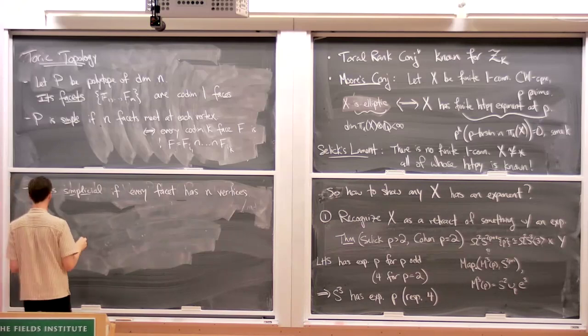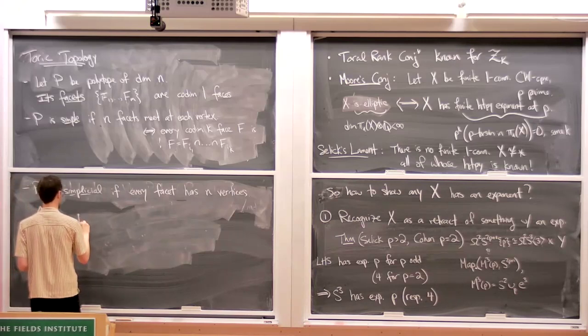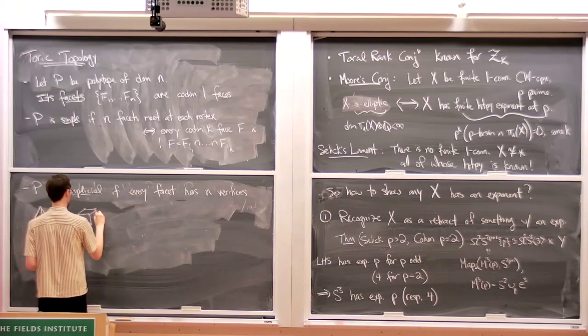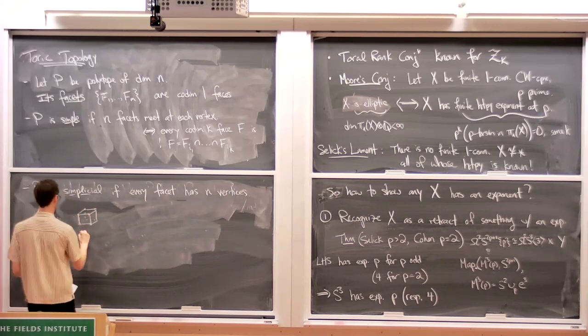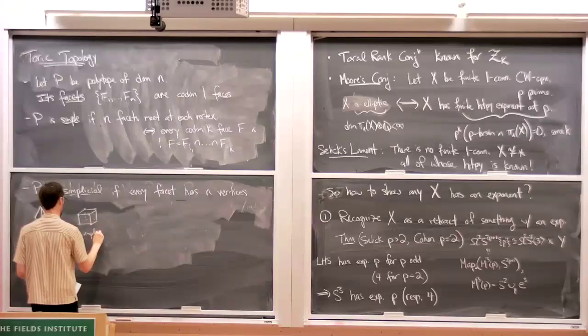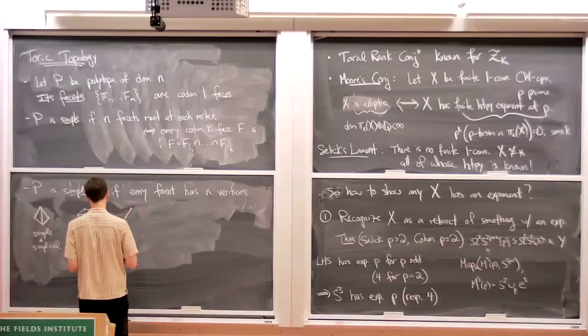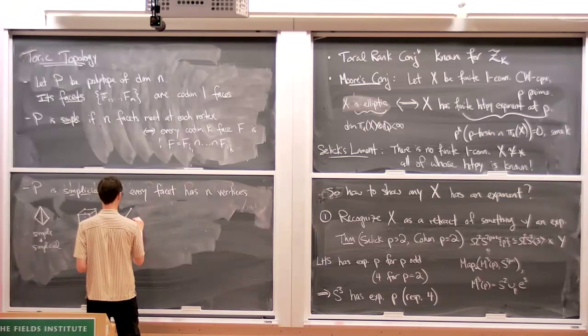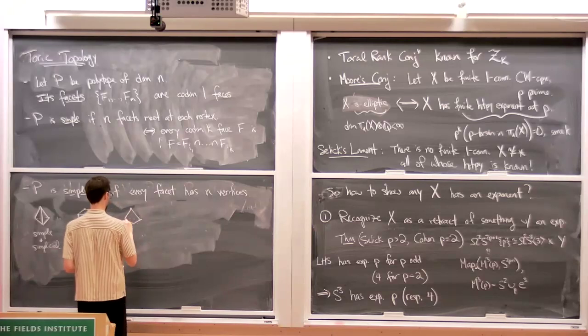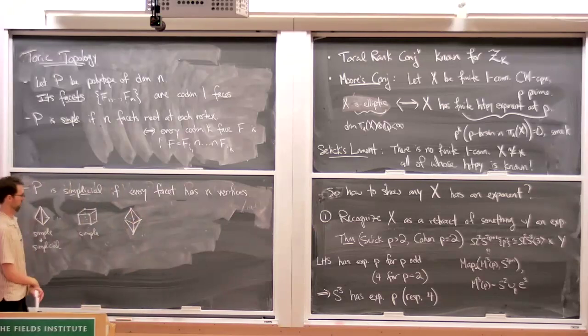Something like a 3-dimensional cube is simple but not simplicial. And let's see. That would be simplicial but not simple.